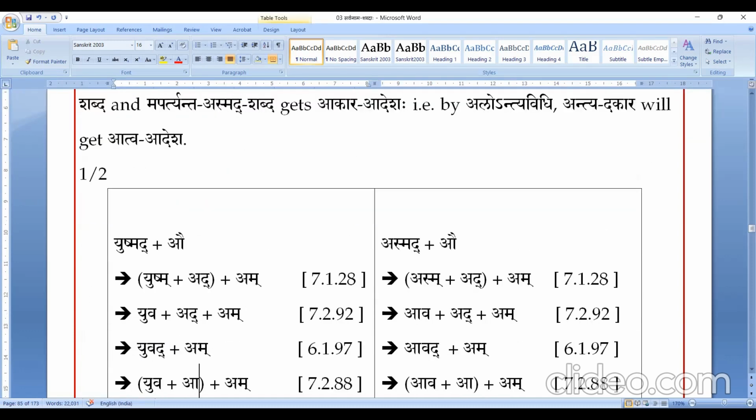Now let us see, Yushmad plus Au. Au is Prathama Dvivachanam. By the sutra Nye Prathamayoram, Prathama Vibhakti, Dvitiya Vibhakti, Chaturthi Vibhakti Pratyaya will get Am Adesha. So it's the first step. And Asmad plus Au. By the sutra 7:2:92, Yuvavau Dvivachane, Yushma will be replaced by Yuva, Asma will be replaced by Ava.